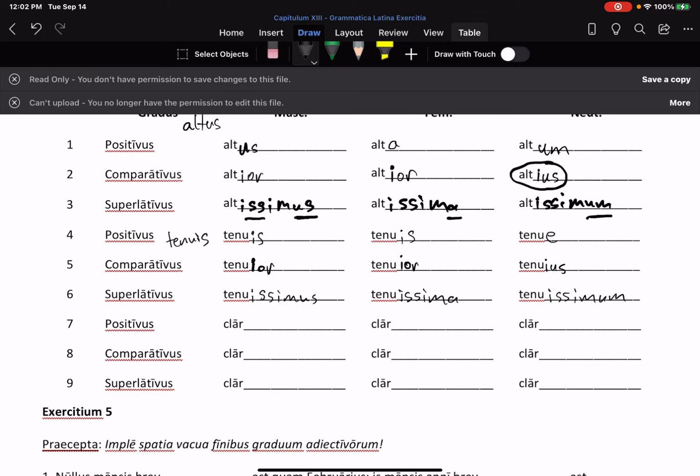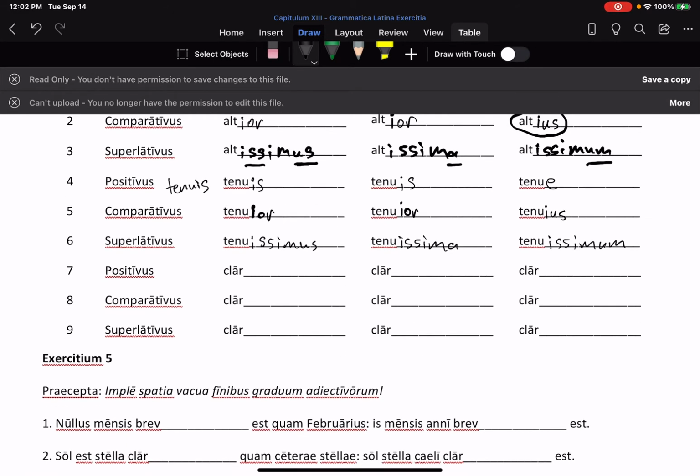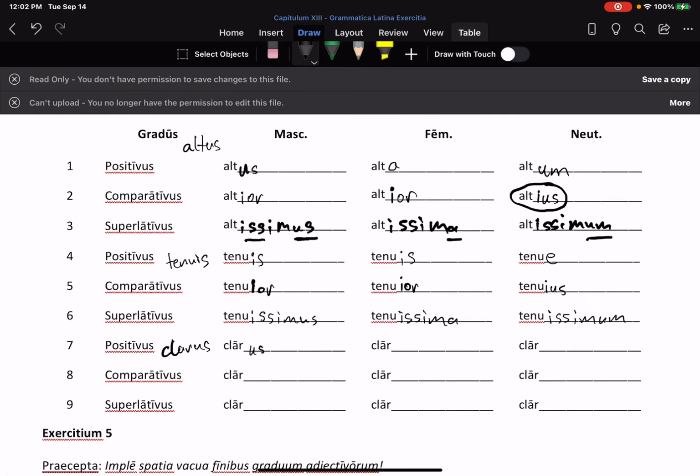Sorry, I don't know why the letters are shifting down. And now we have the adjective clarus, clara, clarum. So it should be clarus, clara, clarum, for clear and for clearer. So that clarus, clara, clarum is just clear.